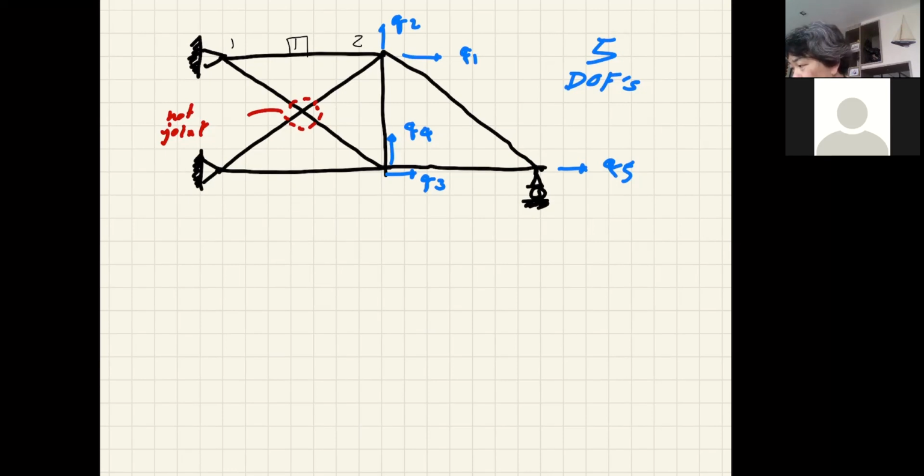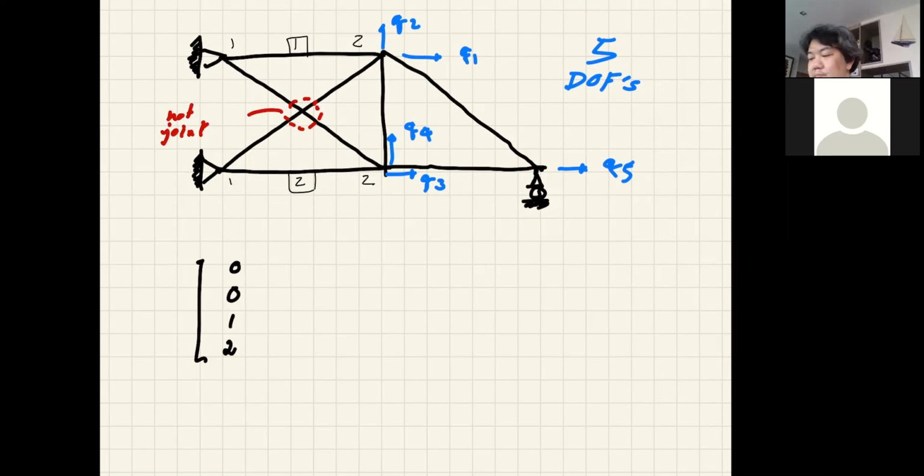We can do it right away. Node 1, you can see it's a hinge, so it's 0, 0, right? And node 2 involves 2 degrees of freedom, so it's 1, 2. You see, not that difficult. So we can move on to member number 2, with local nodes 1, 2 like this.